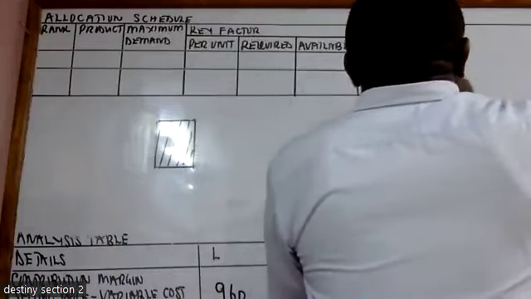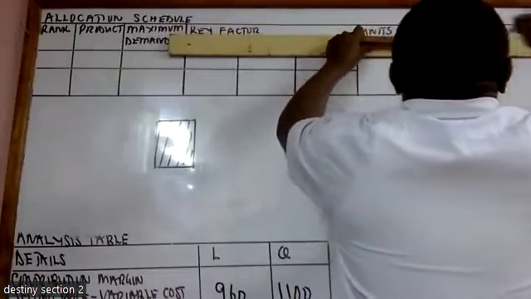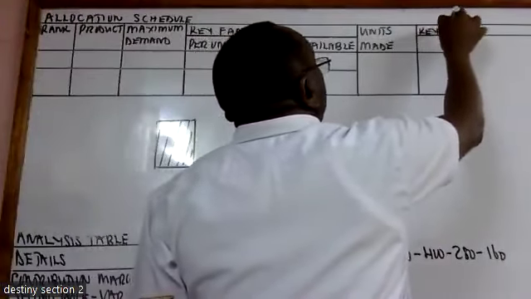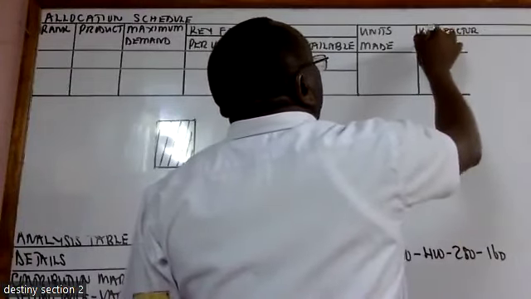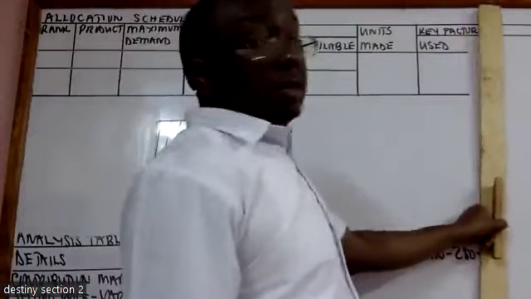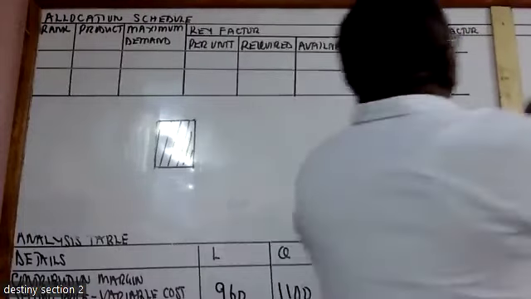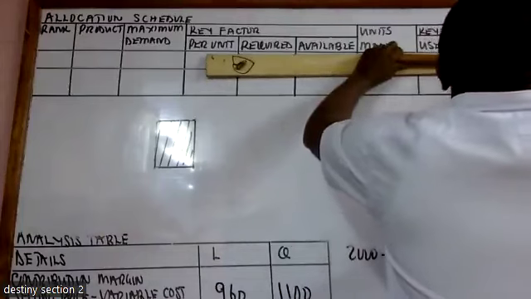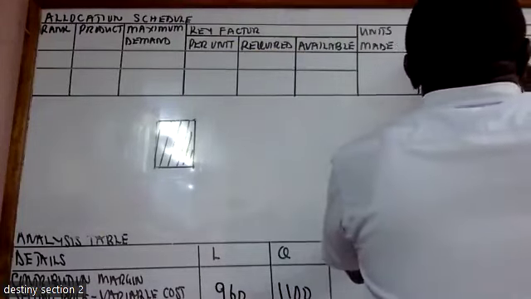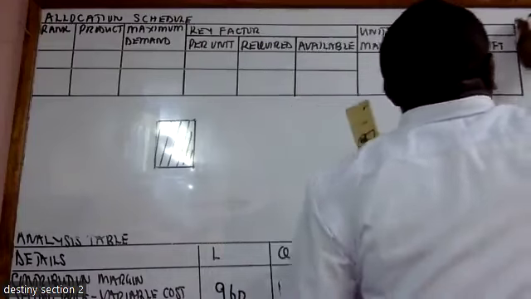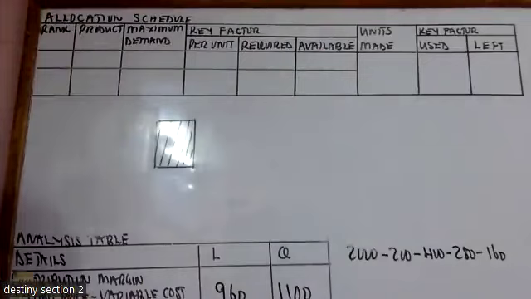Then key factor again. We have the used and the rest, the remaining. So that is the design of the allocation table.